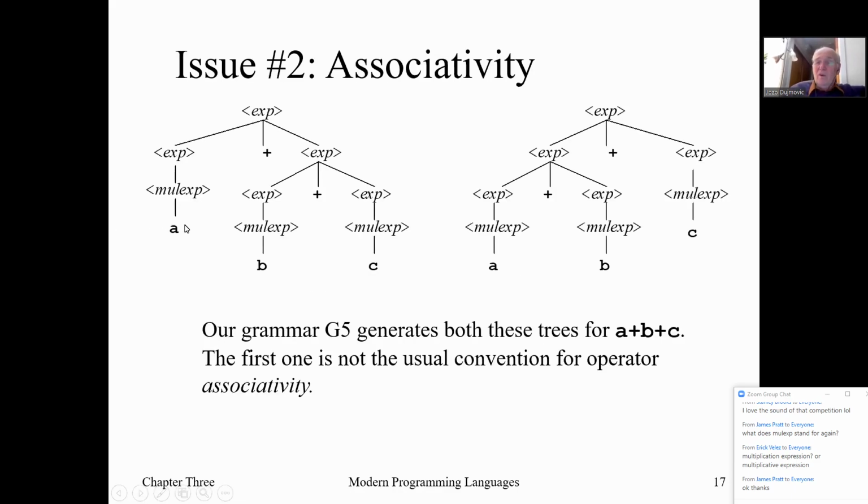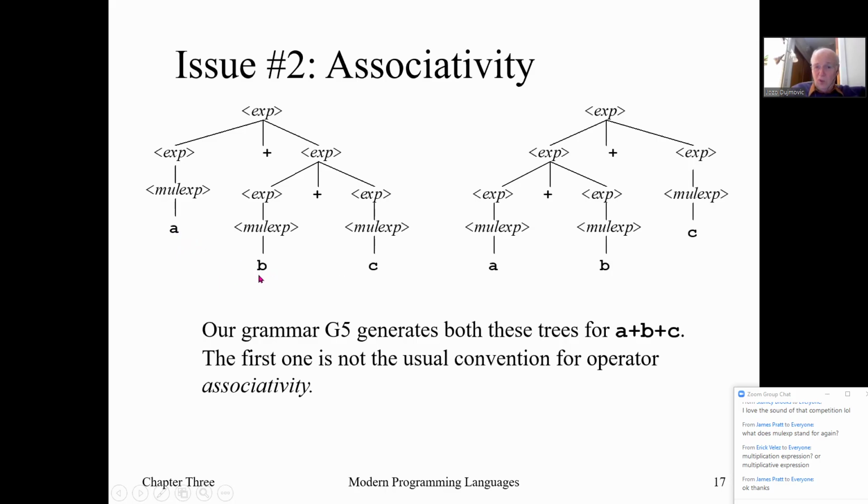Because if you have this interpretation here, where the expression is the sum of two expressions, and an expression can be replaced by a multiplication expression, and then a multiplication expression as A, B, or C, then you can have a situation where the associativity is right to left.